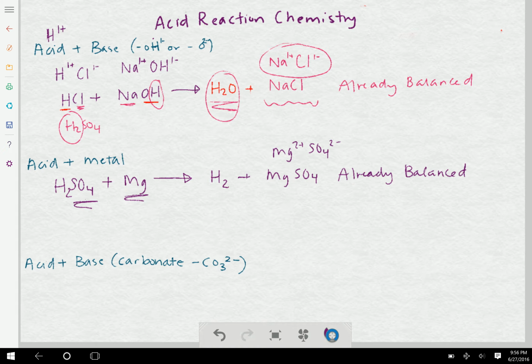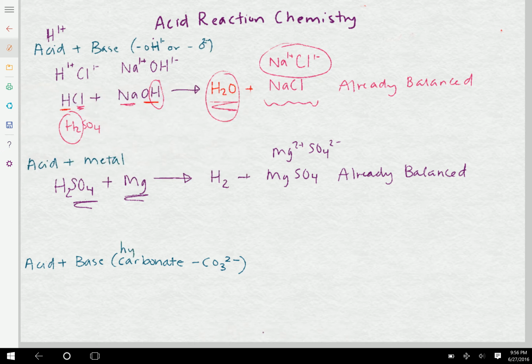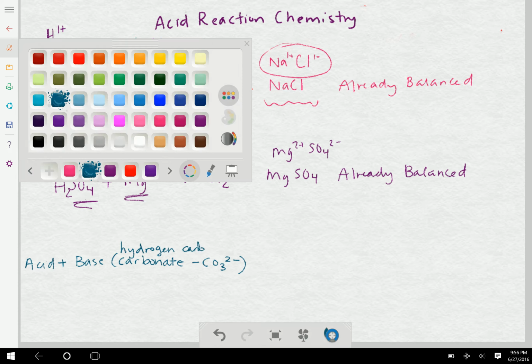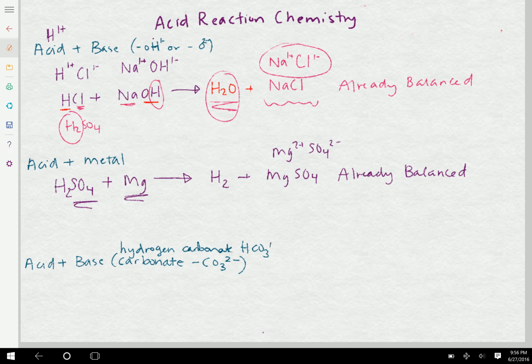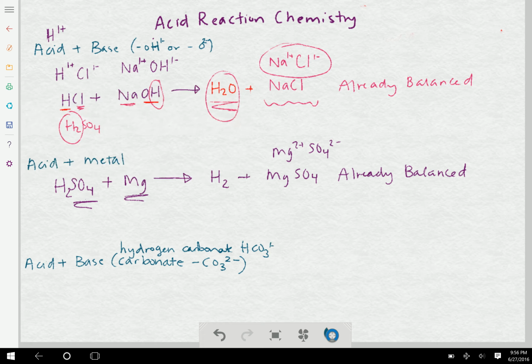Now we're going to take a look at an acid and a base with a carbonate, or I could have just as easily written a hydrogen carbonate, which is an HCO3, 1 negative. So let's take a look at an example here. And let's pick something a little bit different.